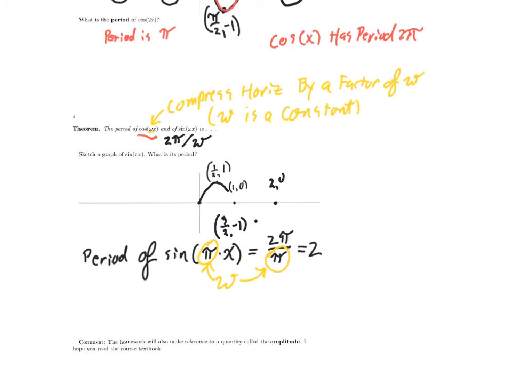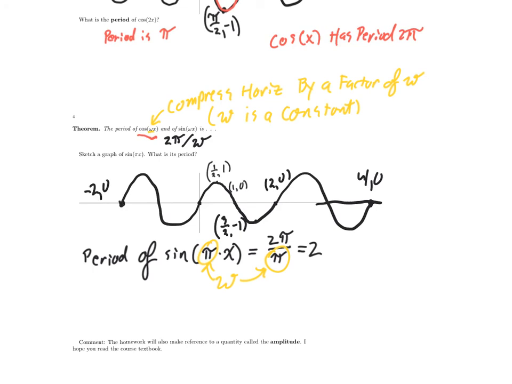So the graph does something like that. You'll notice that in the graph of sine, we've just gone through one full period. So the graph of sine is just going to repeat. So this graph will repeat. Yes, we see that this sure looks like it's repeating every interval of length 2.